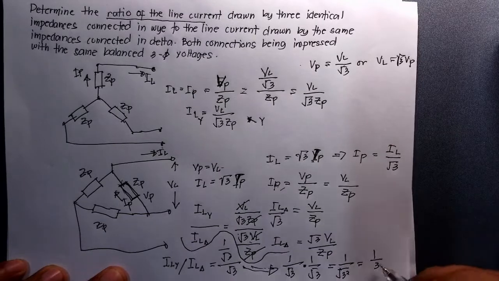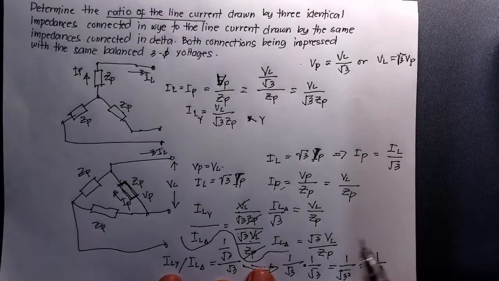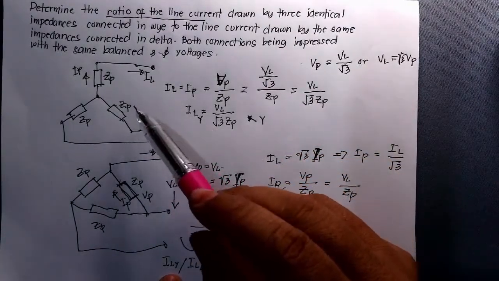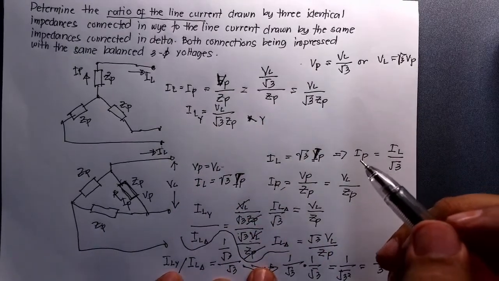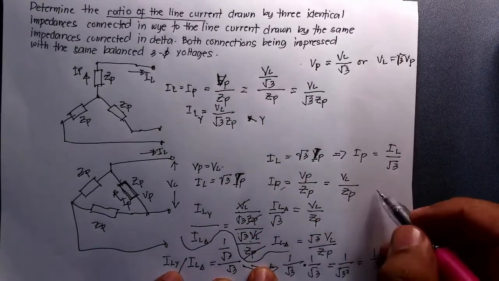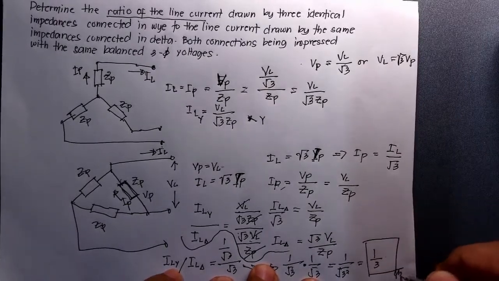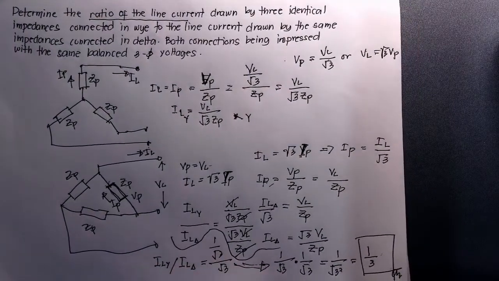So the relationship of the line current of the same impedances connected in Y and connected in delta is 1/3. That will be the relationship of those two. Thank you so much for watching this.